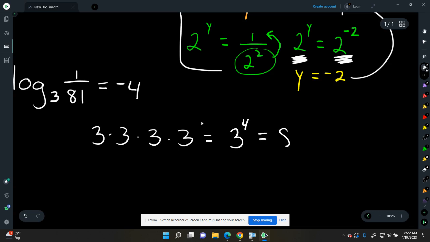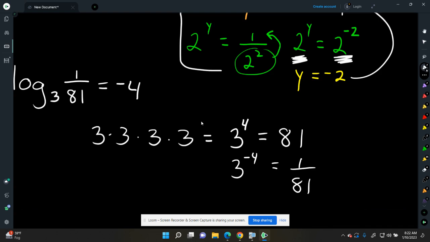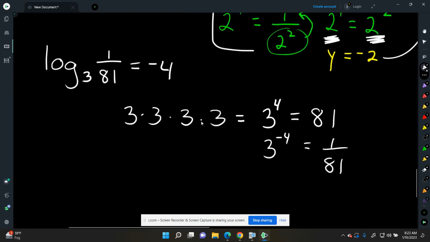And that equals 81, right? Since it's a fraction, I just flipped it. Very good. Since the 81 is in the bottom, we're going to make this 3 to the -4th equals 1 over 81. So that means log base 3 of 1 over 81 equals -4. Okay?